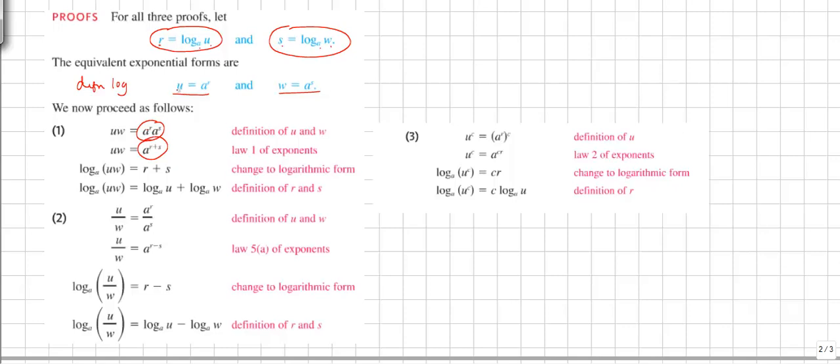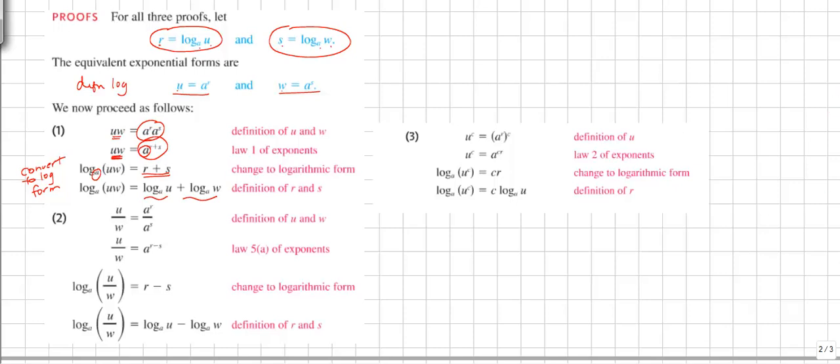But a to the r equals u, a to the s equals w, so you're multiplying these over here. And then if I convert to log form, the exponent is log base a of the result. And going and back substituting, the rule is born. So all three rules are really birthed through the definition of the logarithm and your rules of exponents.